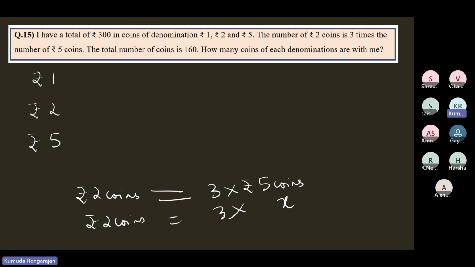If you have X 5 rupee coins, then the number of 2 rupee coins will be 3 times that, 3 into X.